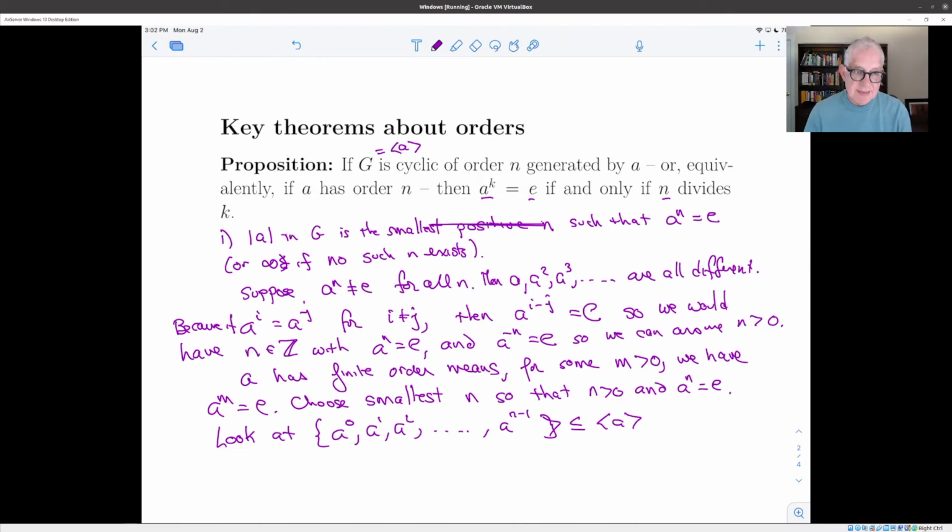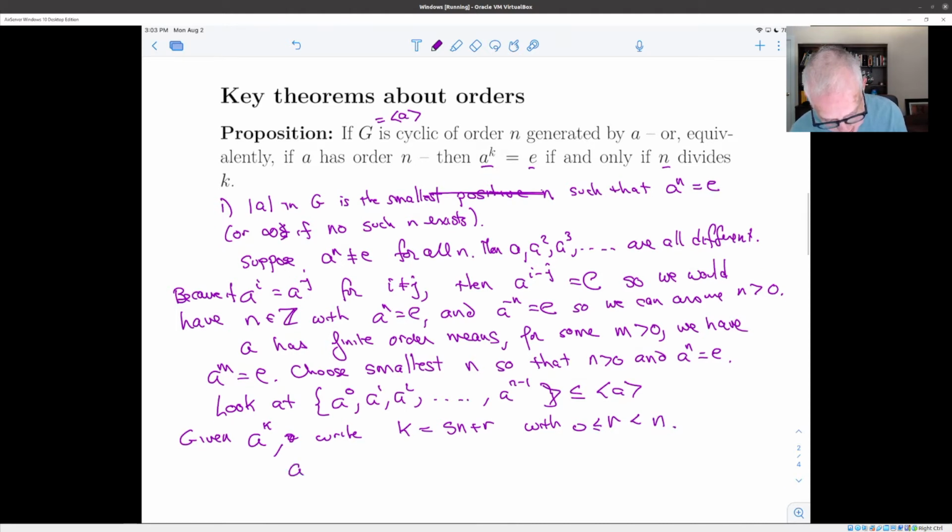But it's also the case, I claim, that they're actually equal, because if we take A to the K for any K, we can write K equals some multiple of N plus a remainder R, with R bigger than or equal to 0 and less than N. And then A to the K is equal to A to the Sn plus R. But A to the N is equal to the identity, so this is equal to A to the N to the S times A to the R, which is equal to the identity times A to the R. And R is bigger than or equal to 0 and strictly less than N, so therefore A to the K is in this set.